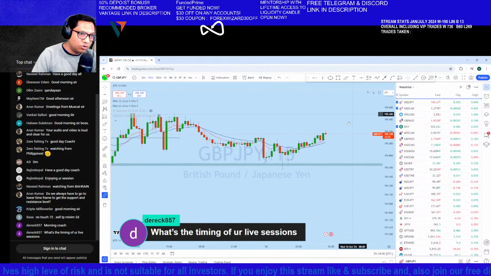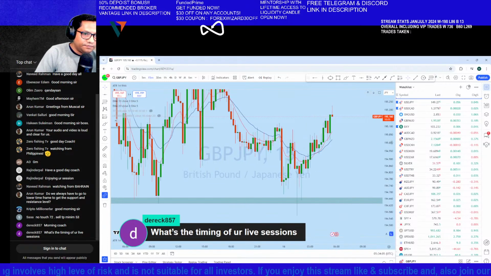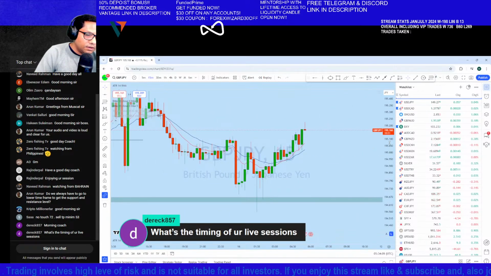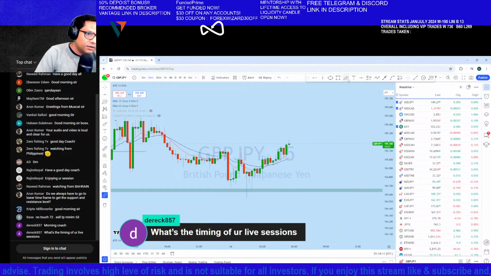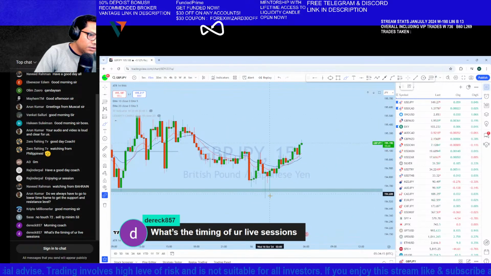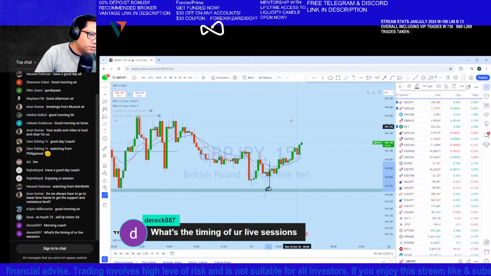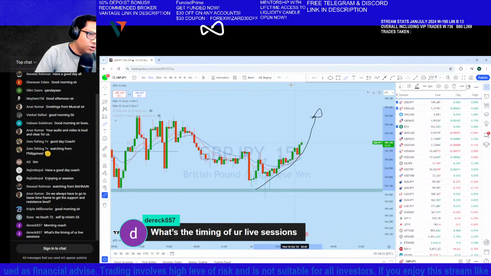Now dropping down to the 15 minute perspective on GJ, we can see that there is a long wick candle, another long wick candle. You can see the market basically forming a series of higher lows in that area.